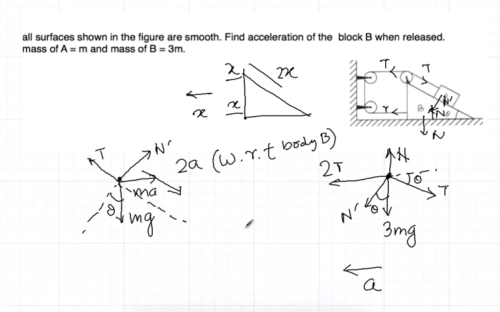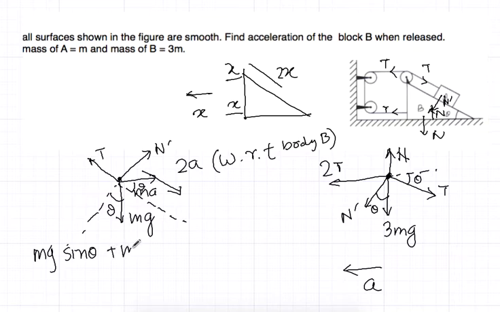Okay, so this body is moving in this direction. So obviously we'll write mg, be very careful, sine theta, because this mg has a component mg sine theta in this direction. This is again theta, right?